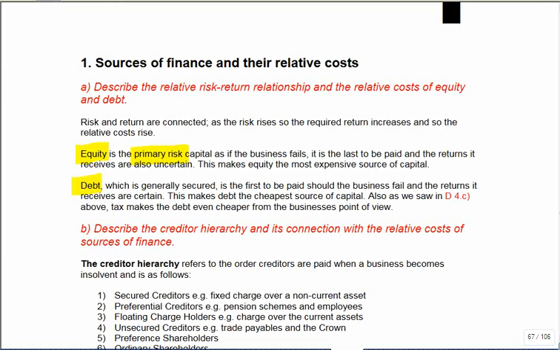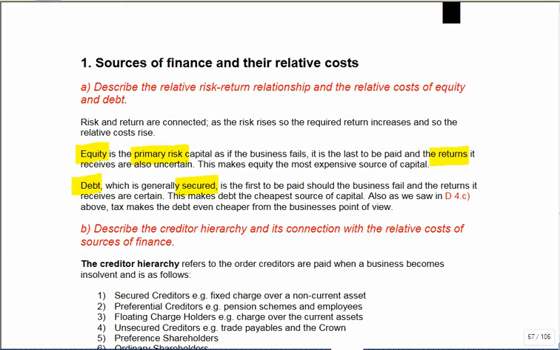And because of that, it's high risk, and so it would also want to be paid a high return in the long term. Debt is lower risk because the loan is often secured on the company's assets and it's paid before the shareholders, and so the returns on debt would be lower because the risk is lower.